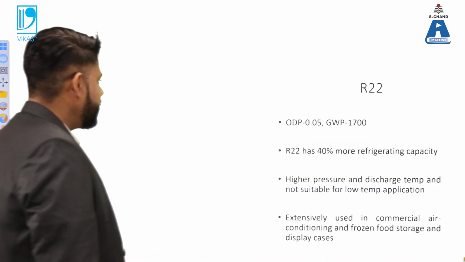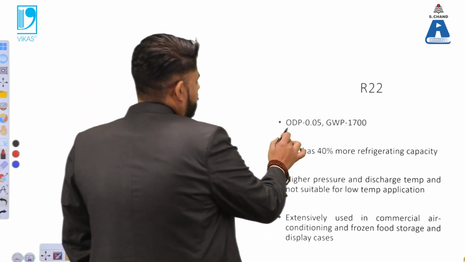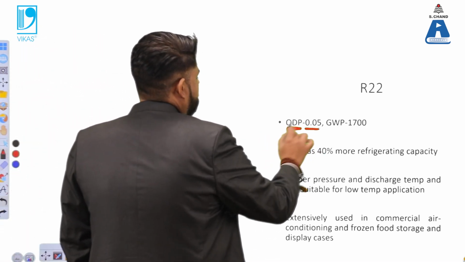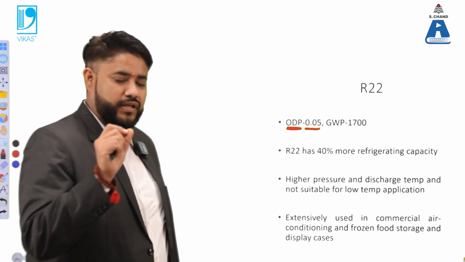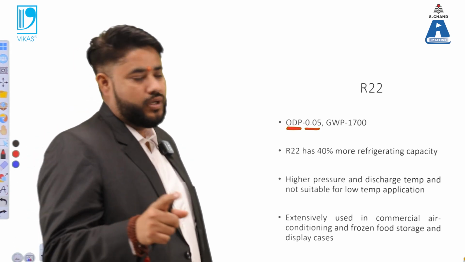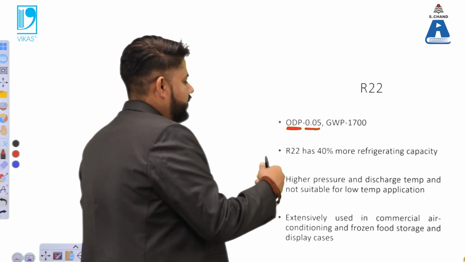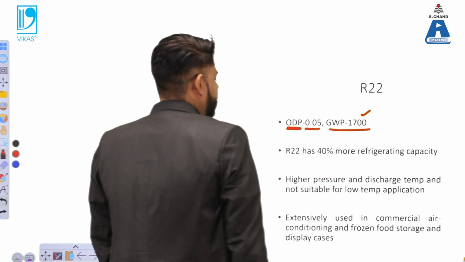So we'll look at certain aspects. If we look at R22, the ozone depletion potential is a very small value, but as per the protocol it should be 0. So if it is not 0, then we have to strike it off, and the global warming potential is around 1700.